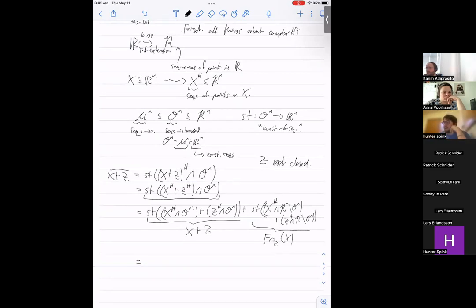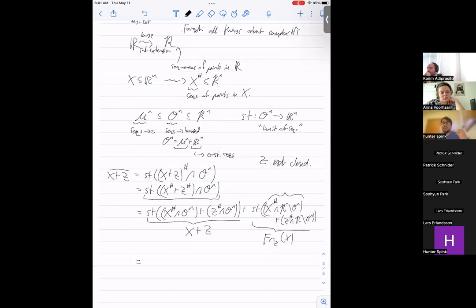So what we're going to do is we're essentially going to stratify the set into parts according to this thing here. So we're going to take all sequences that lie inside X that go off to infinity. We're going to partition them under the equivalence relation of algebraic indistinguishability.